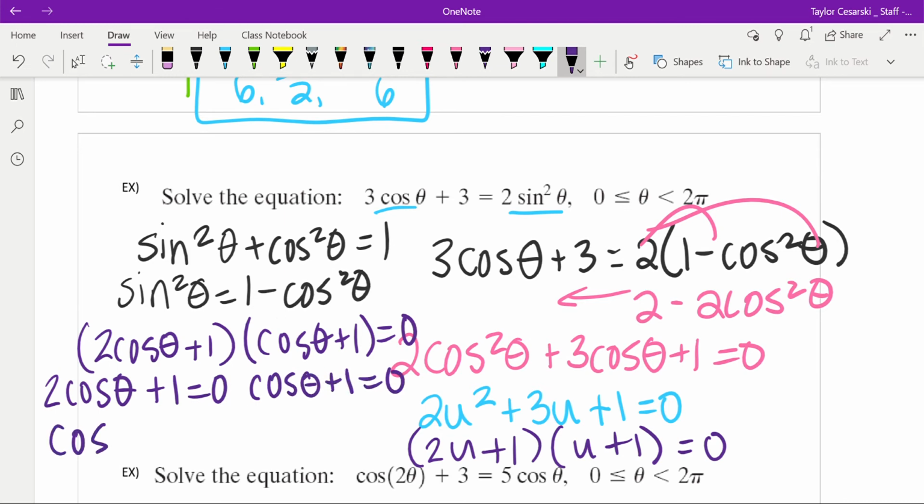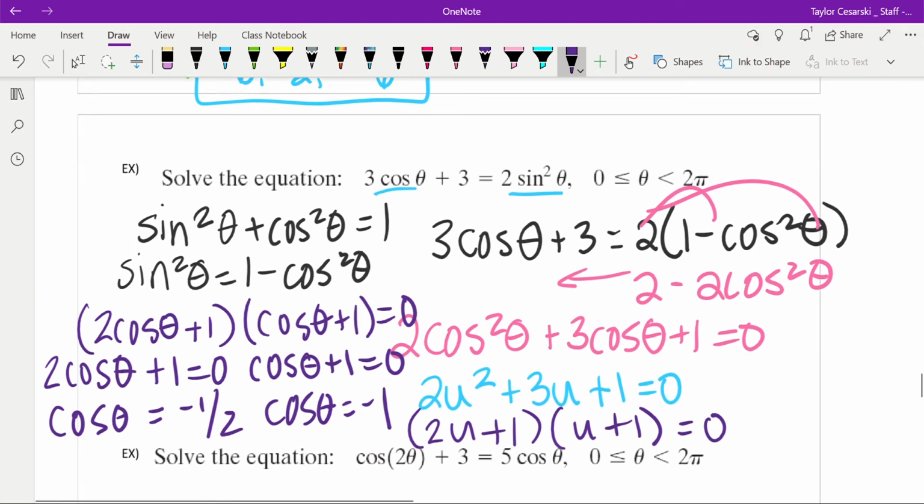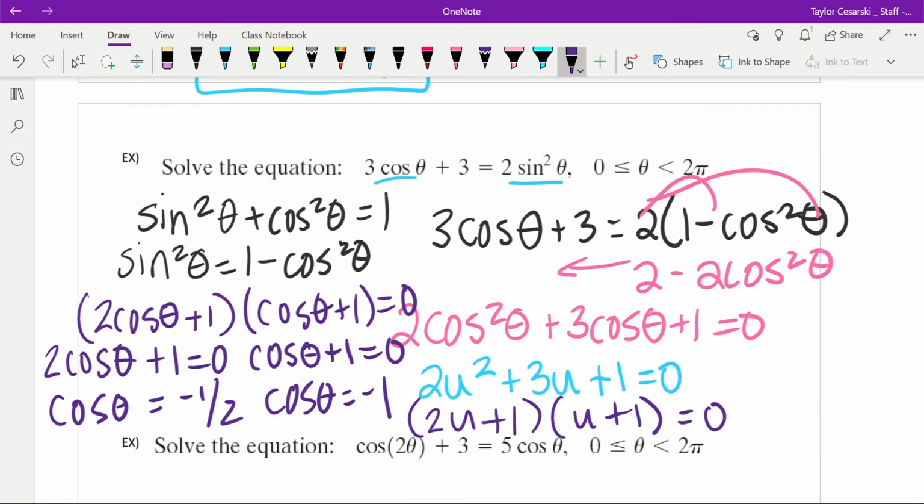So I want to know when cosine of theta equals negative 1/2 and when cosine of theta equals negative 1. That's what I'm looking for. Now obviously we've done a lot of algebra and math to get there, okay? So cosine of theta equals -1. That's when x equals -1, so that's going to be at pi.